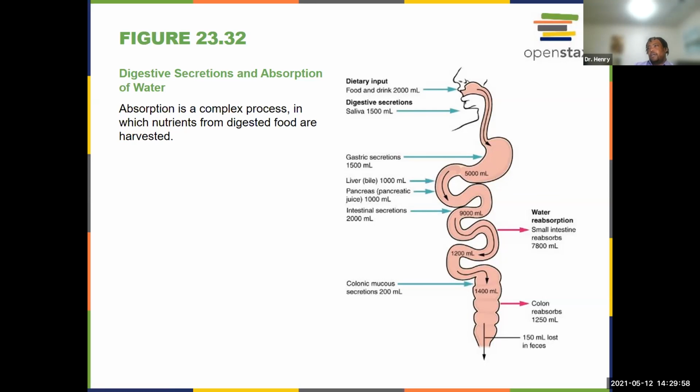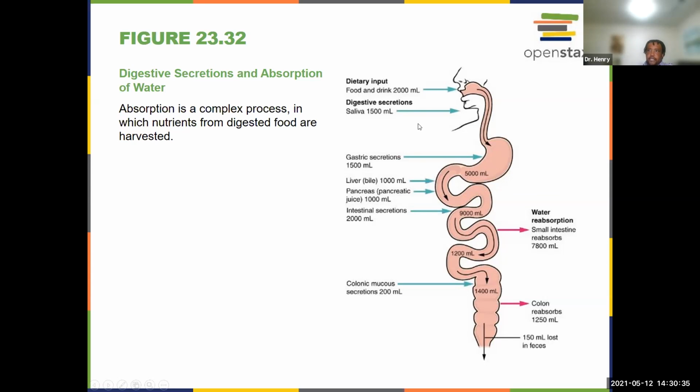Our saliva digestion secretion is going to be 1,500 milliliters. In our stomach, we're going to be secreting 1,500 milliliters. Our bile is going to be 1,000 milliliters. Pancreas is going to be 1,000 milliliters. Our intestines is going to be 2,000 milliliters, right?